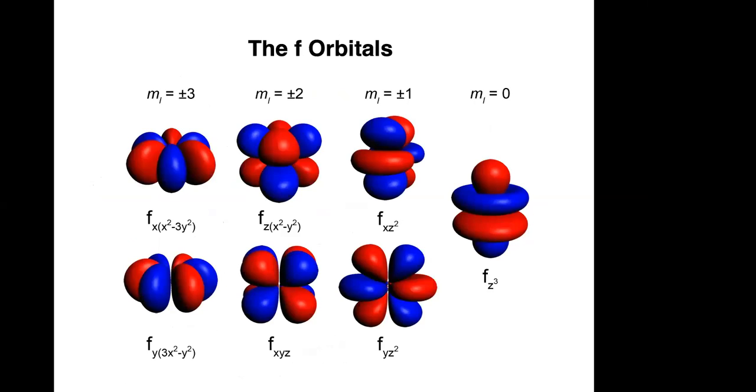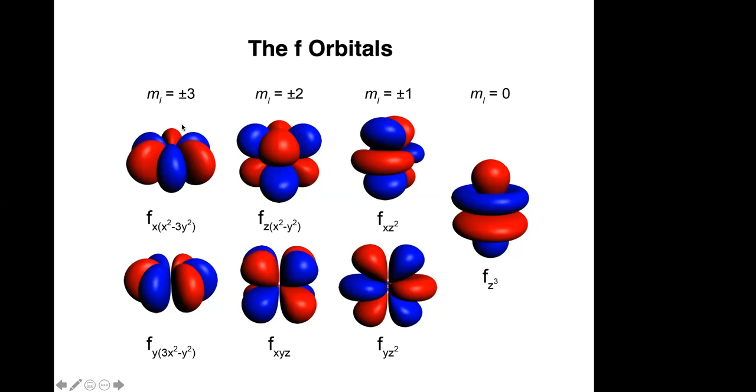So I want to remind you of the F orbitals. We've looked at these before earlier in the course, but there are 7 of them, and you can see their depictions here. They have 3 angular nodes, and you can see the M sub L values are decreasing from left to right as you get more and more Z character along an applied magnetic axis.